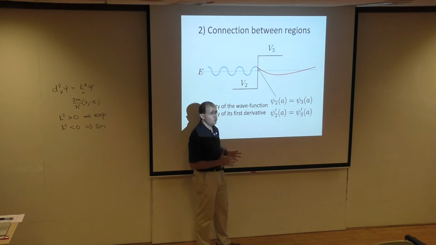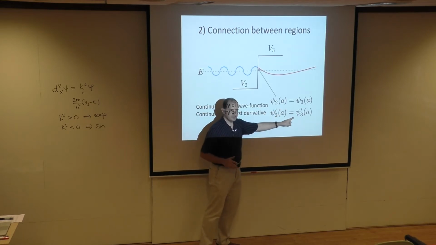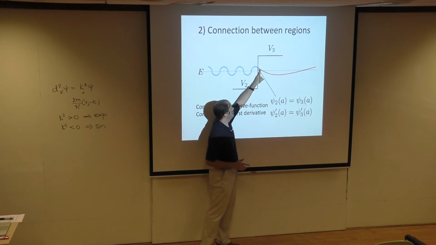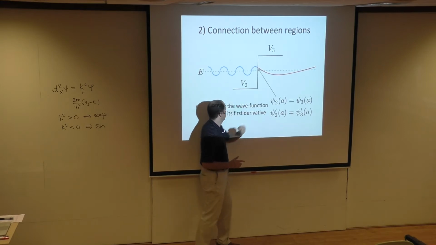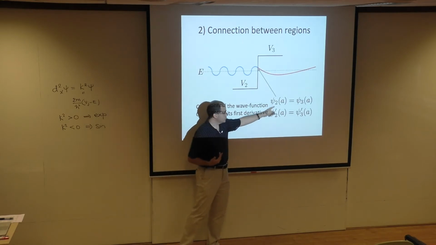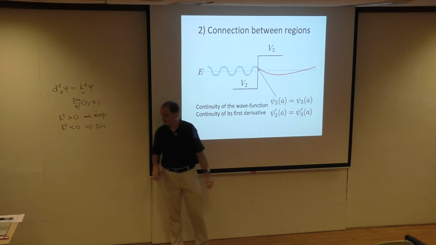The rule for the connection is that both the function and the first derivative must be continuous at that point. That's the rule of the connection. And this would determine the coefficients A and B of the wave function through these two equations.